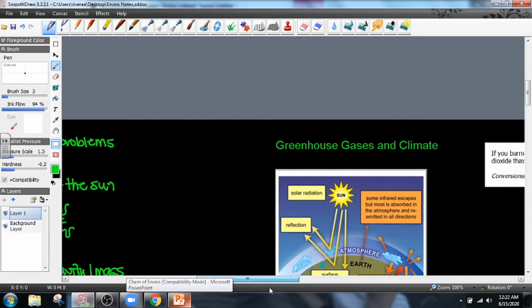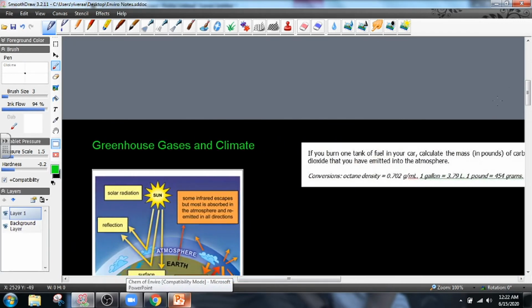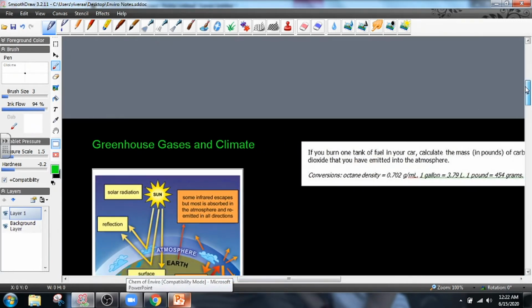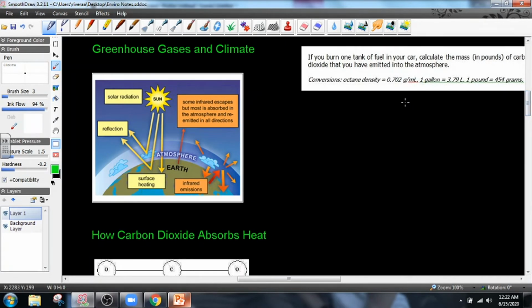All right. Now, when we talk about greenhouse gases, I first want to talk about what the greenhouse effect is at all. You probably saw this back in middle school, right? The sun is emitting all sorts of radiation. Mostly the ones that are making it to us that are most harmful are UV radiation.